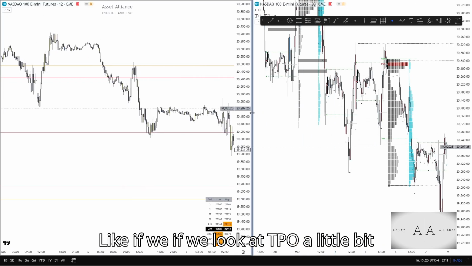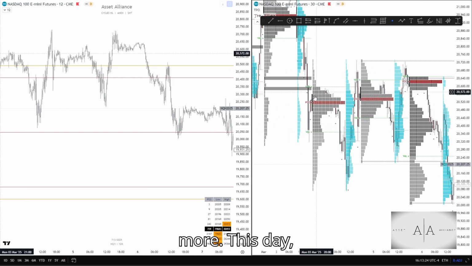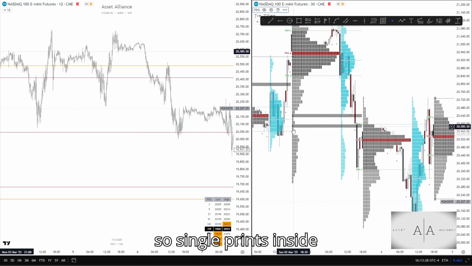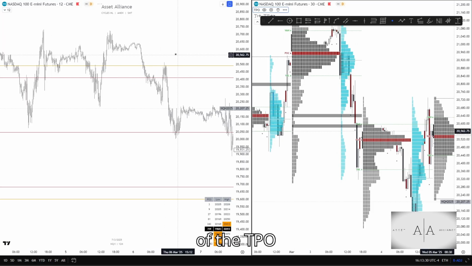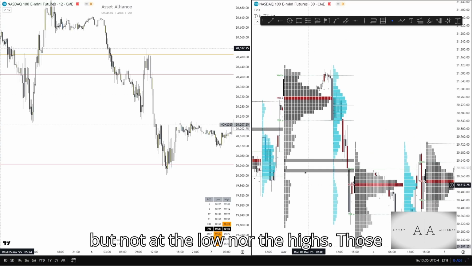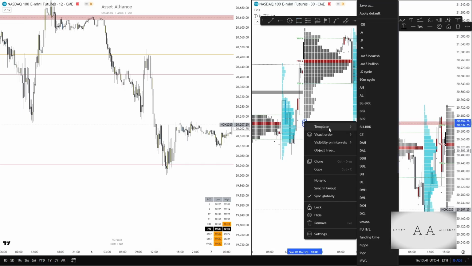If we look at TPO a little bit more on this day, try to find single prints inside of the TPO, but not at the low nor at the highs. Those are imbalances, right? So you can use those like this.